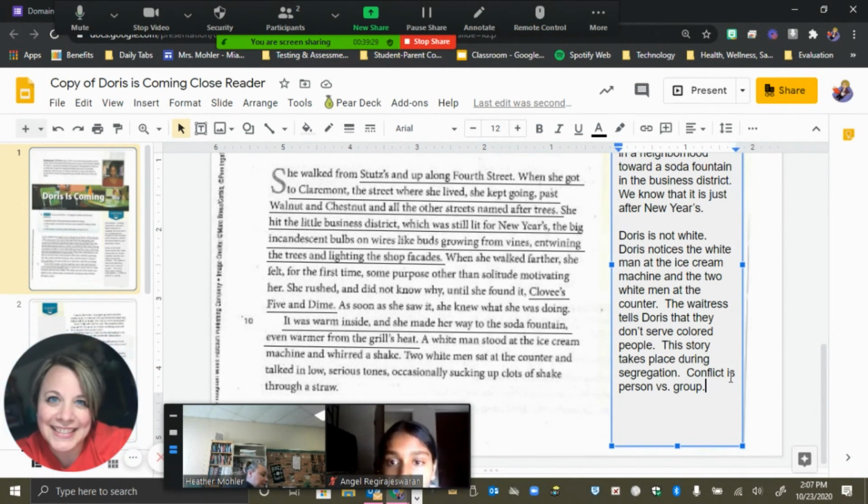Did we include direct quotations or paraphrases from the text to support what we said? We absolutely did. We pulled this right from the text. And that's exactly what citing text evidence is. So now that we've done the first page, does this help you with knowing how to do a close read?